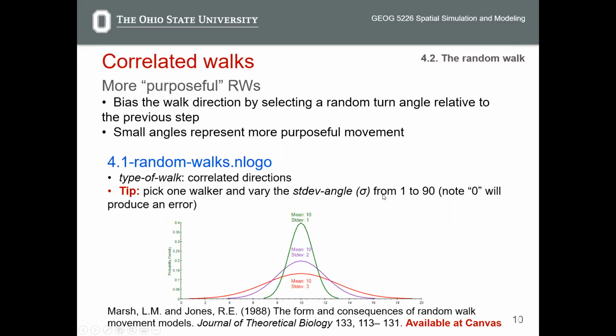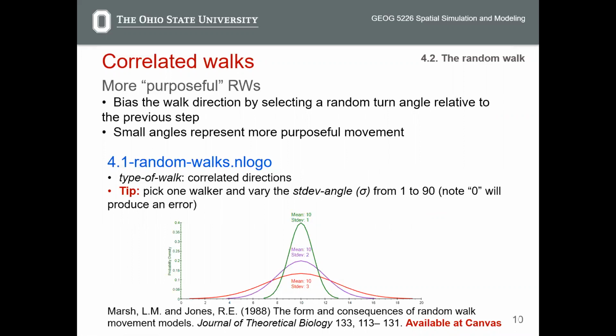So if you set it to a small value, you should expect a relatively purposeful walk. If you set it to a very large value, the walker is still more purposeful than a simple random walk, but not as purposeful as the one with a standard deviation of 1. It will wander within a small area sometimes, and sometimes it will just go straight.